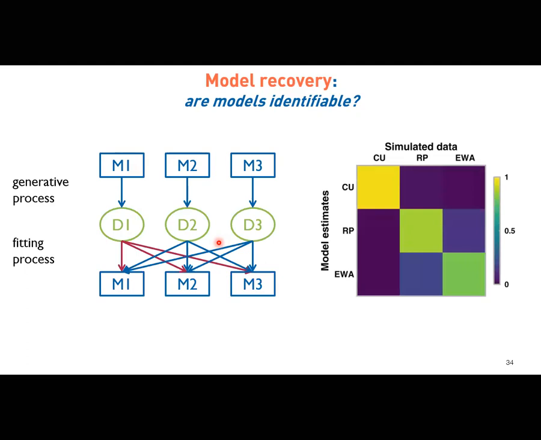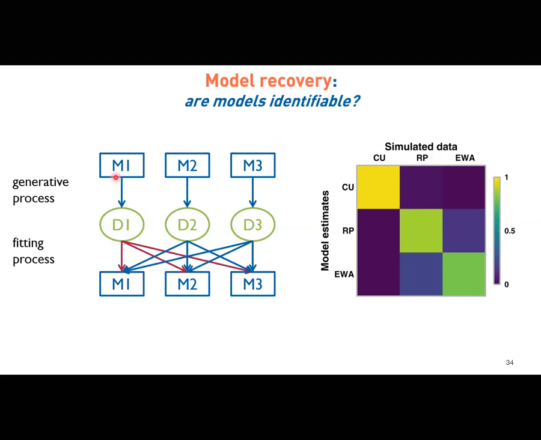Essentially, what you could visualize is that you will have a 3x3 matrix. So here, let's say the first row is M1. I use M1 to generate a data set called D1, and I fit the 3 models to the data D1, and I could get the model comparison criteria, or information criteria, for instance.